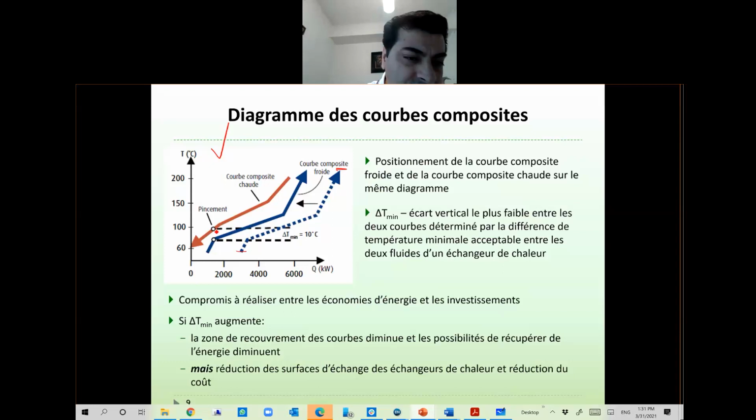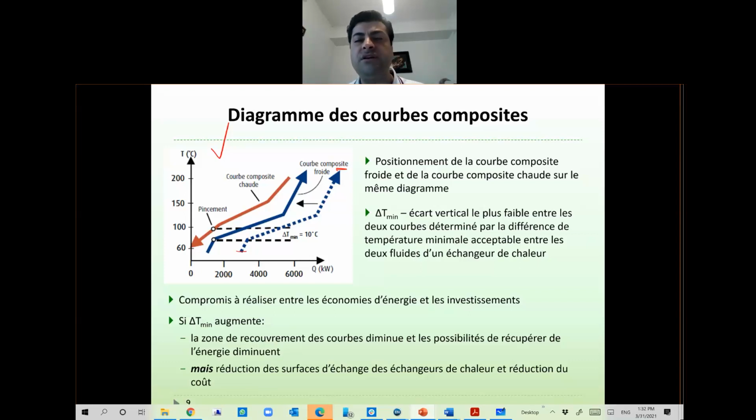And this minimum difference between the two composite curves, we call it delta T min. Minimum temperature between hot streams and cold streams. And that point is called the pinch point, that is shown here. It's a pinch point. Okay, so the reason that it is called pinch is now clear.